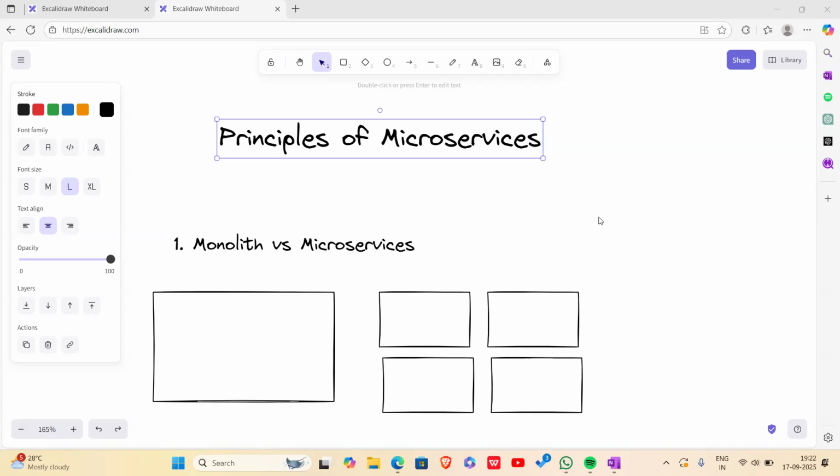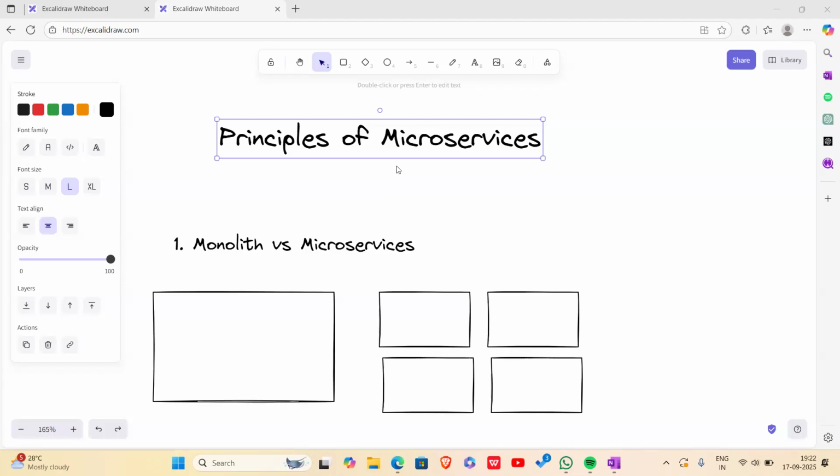We will talk about why microservices emerged and how they are designed, their challenges, and solutions like observability and resilience. At the end of this session, you will have a clear understanding of how companies like Netflix, Amazon, and Uber run scalable systems.